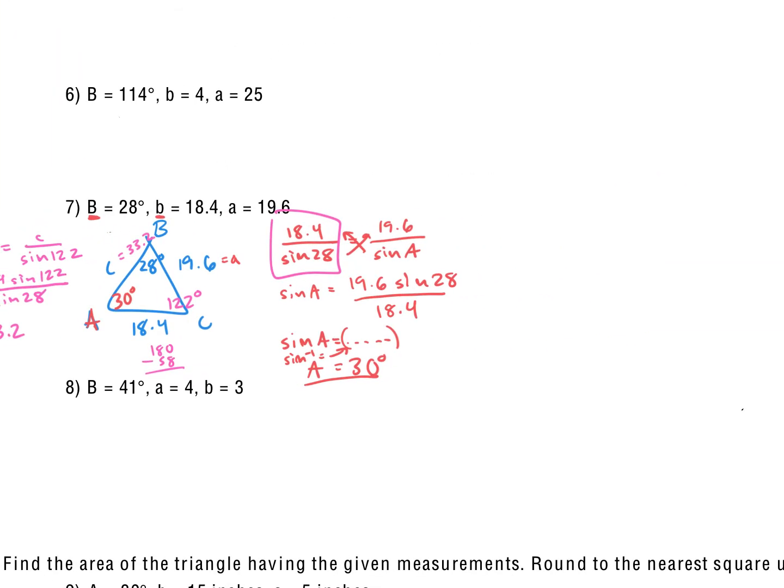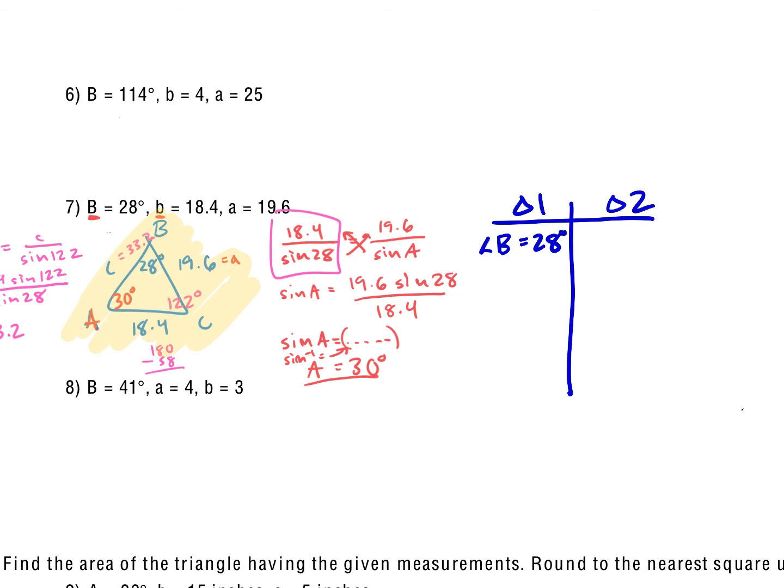All right, so we definitely have one triangle. We just solved it here. This is our first triangle. Now we need to check and see if we have a second triangle. So I'm going to set up here. I have triangle 1 and triangle 2. What was the angle that was given to us first? Angle B. So angle B was 28 degrees.